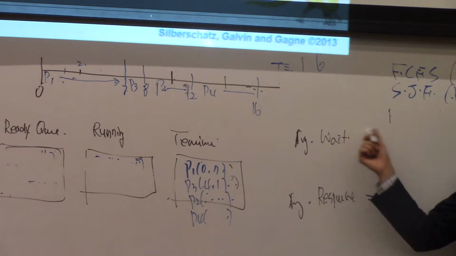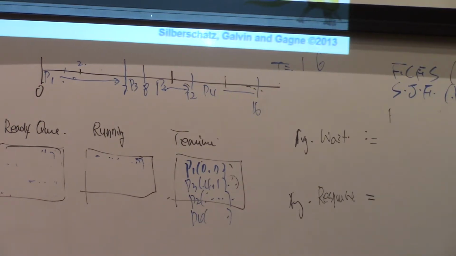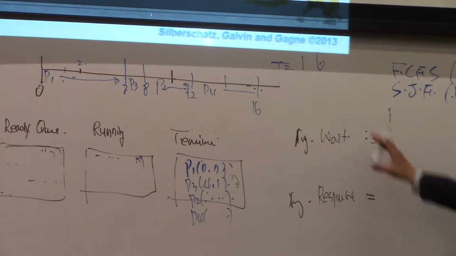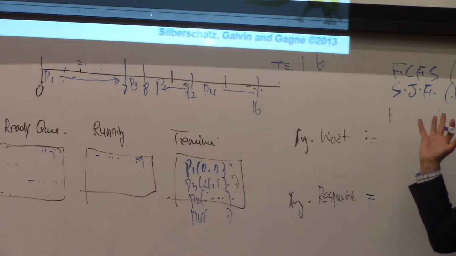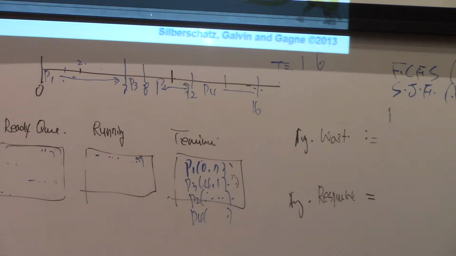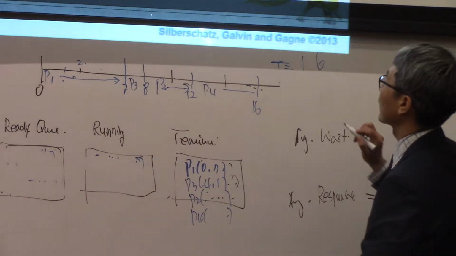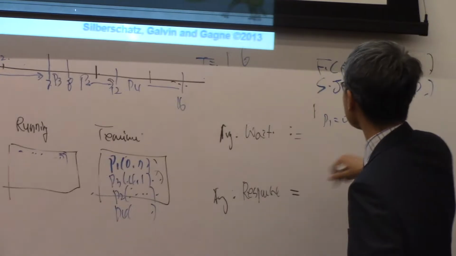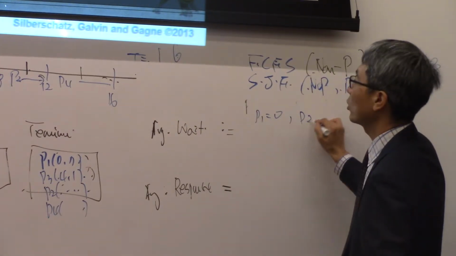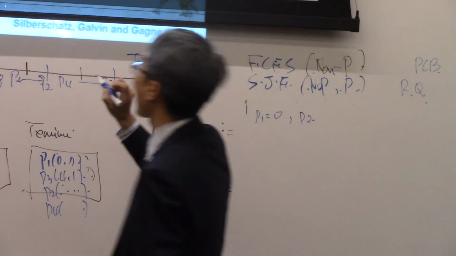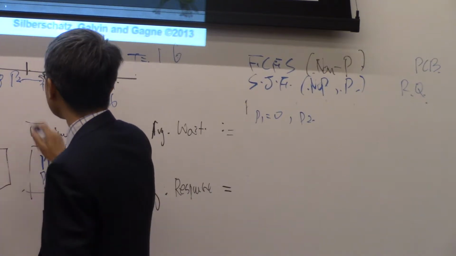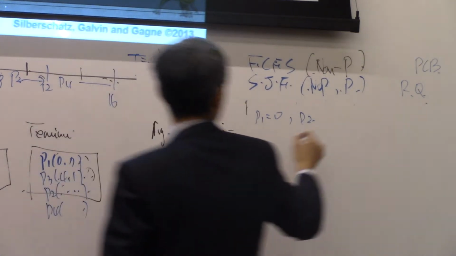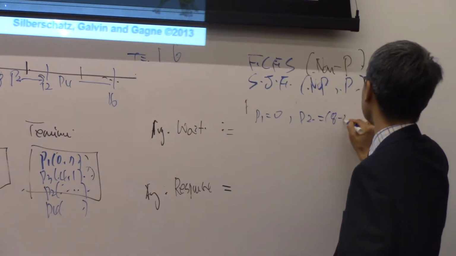Let's check the average waiting time and the response time. Do I need to calculate both of them? This is the non-preemptive case, so we can do either. Let's check the waiting time. P1 waiting time is 0, since it was selected right away. P2 arrived at 2 and started at 8, so 8 minus 2 is 6.